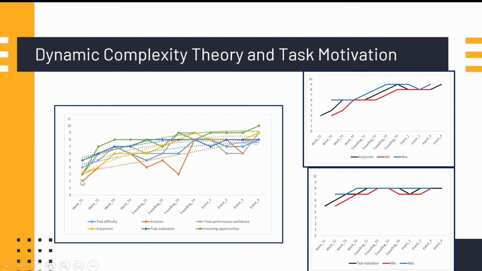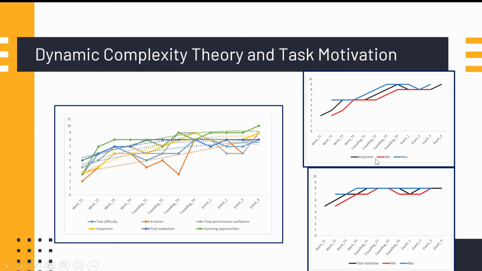So as you can see, all of these subsystems fluctuate over time. This is throughout one semester. They completed 12 tasks. So task 1, task 2, this is a work-related unit, a traveling-related unit, and an event-related unit.